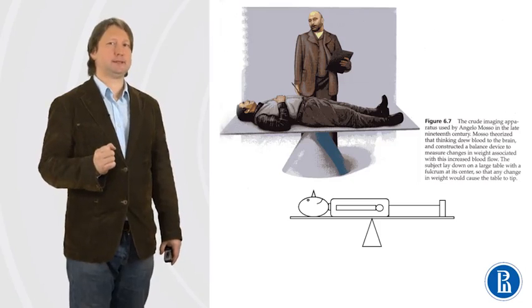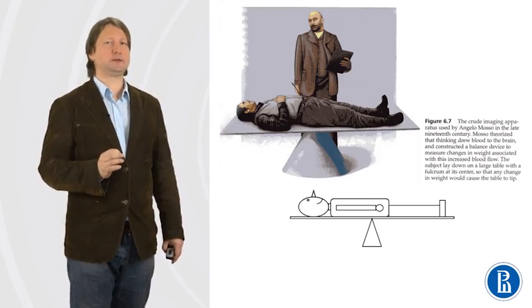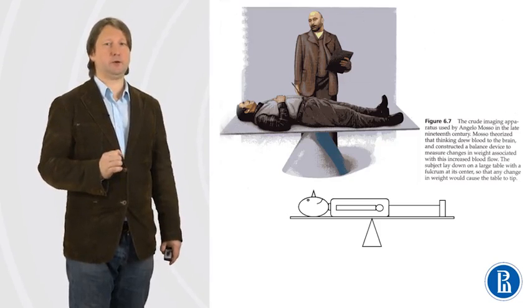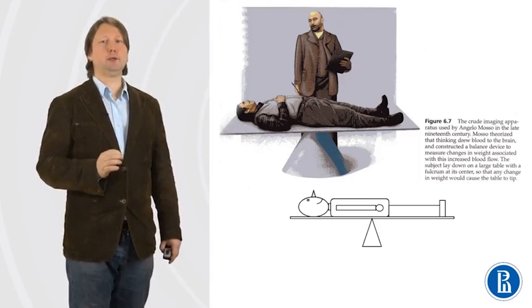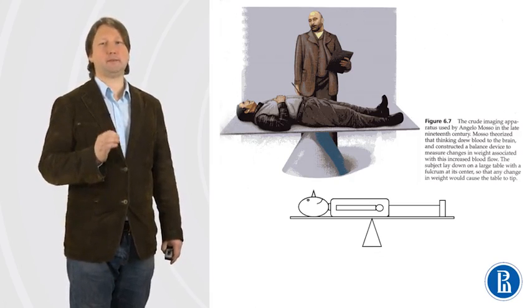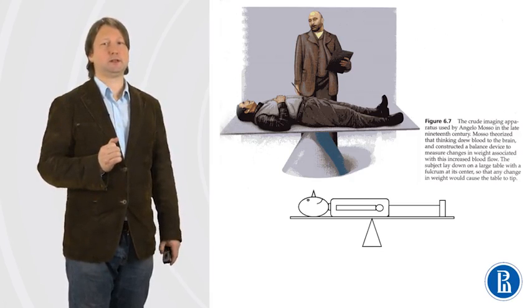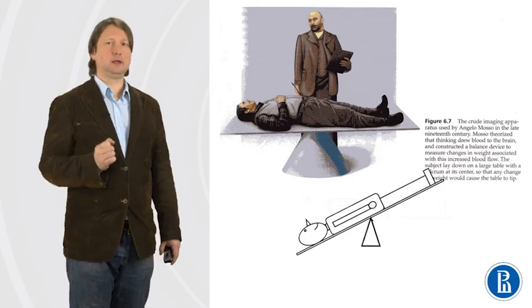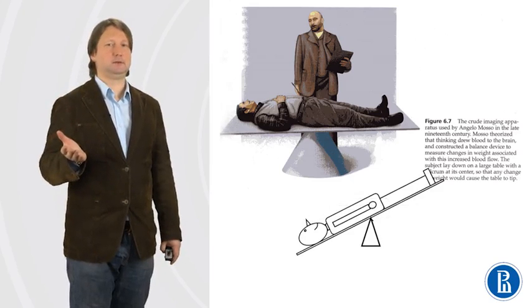The fMRI method can be explained by a very interesting study conducted 100 years ago by Angelo Mosso. He put his subject on a scale and asked the subject to perform active mental calculations. As a result, the scale turned. Why do you think that happened?